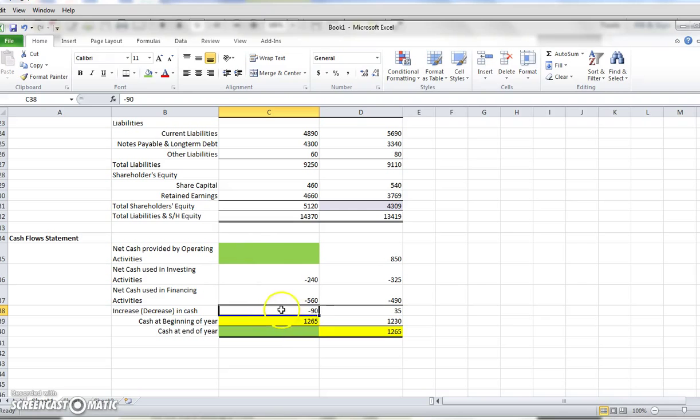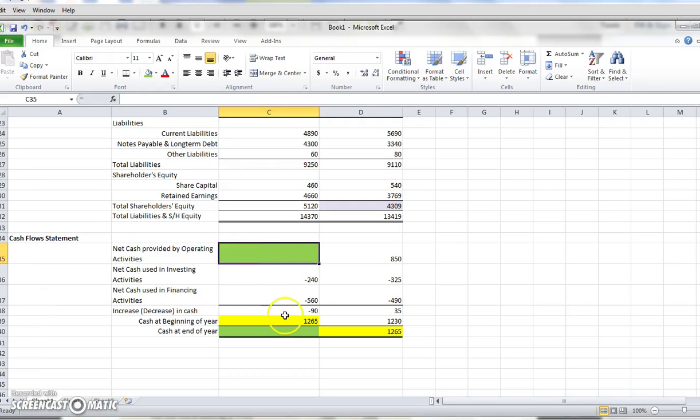It looks like there's a decrease in cash. That tells us that this amount, the net cash by operating activities, and this, if we add those all together, we have a decrease in cash. So let's make this work in our favor.